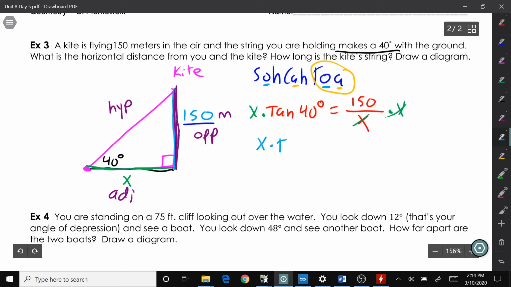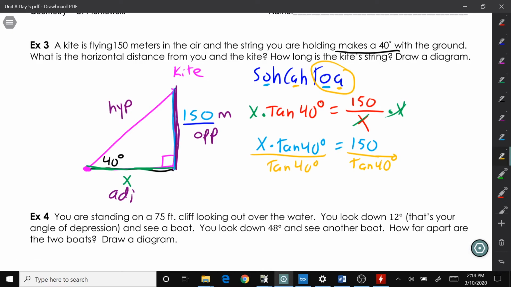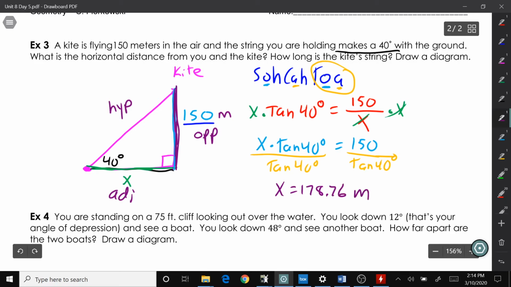And x times the tangent of 40 degrees equals 150. Divide both sides by tangent of 40 degrees. So on my calculator, I'm doing 150 divided by tangent of 40 degrees, and I get 178.76 meters, because that's our units in the problem.